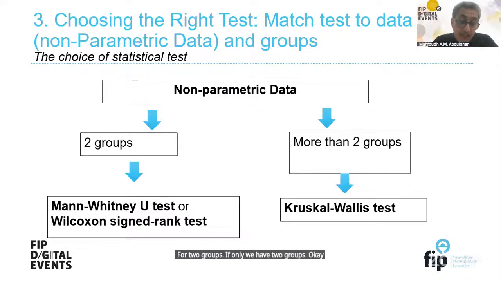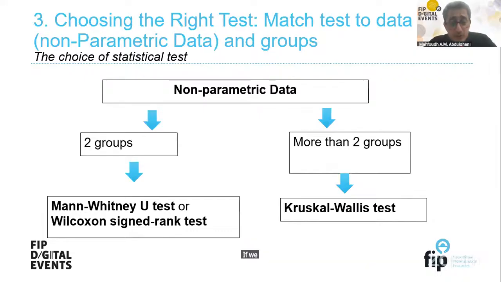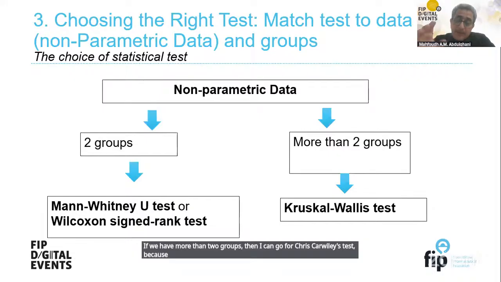For paired data, the Wilcoxon signed-rank test, because normally for non-parametric we use ranking data. If we have more than two groups, then I can go for the Kruskal-Wallis test.